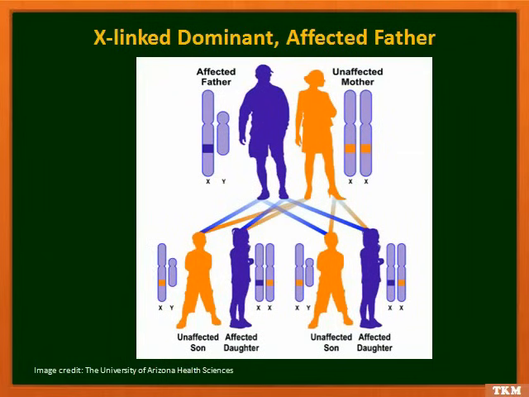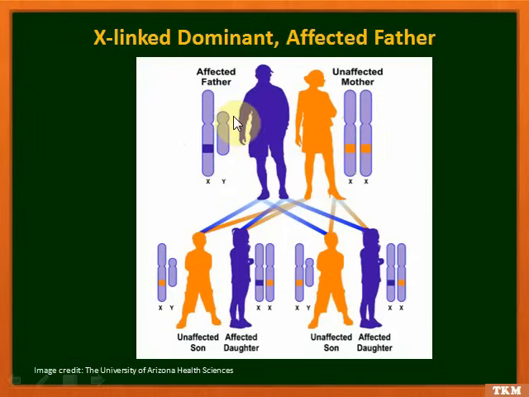As we can see in this figure, the father is affected, mother is unaffected. Father has X and Y chromosome, the X chromosome is the affected one, mother is unaffected with the XX chromosome. So this X chromosome with this blue allele is the affected one. Wherever this X chromosome with the blue allele will be passed on, that kid will be the affected one.